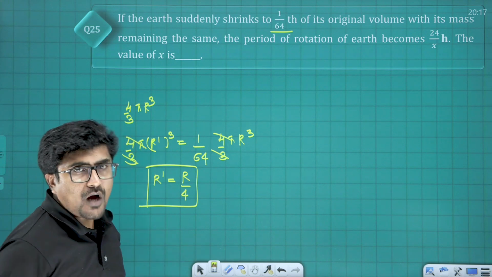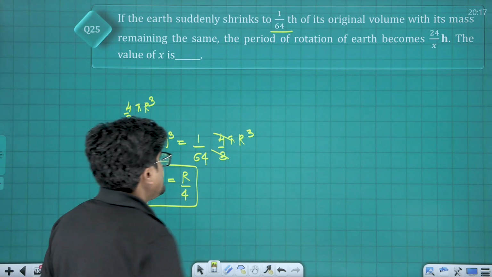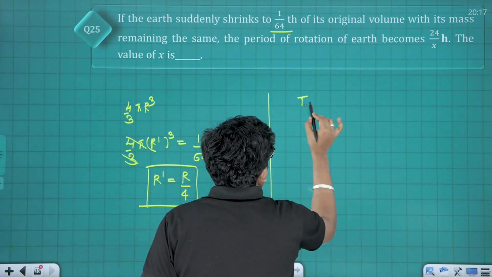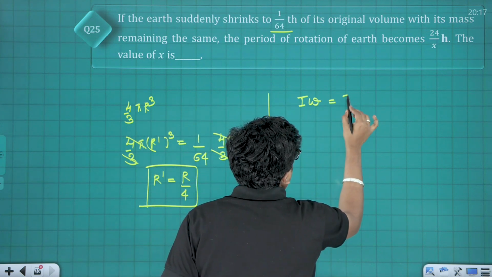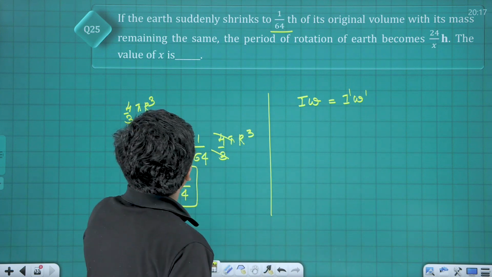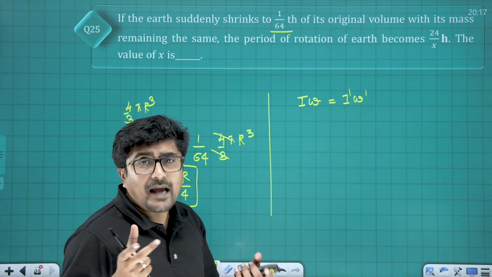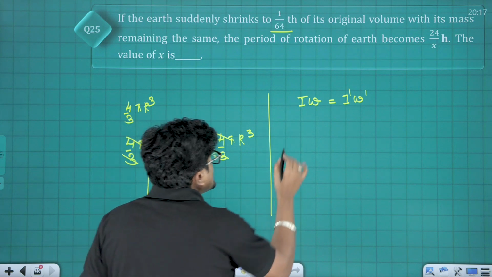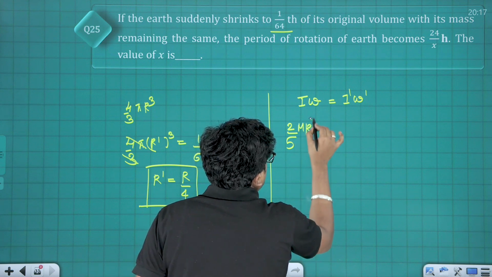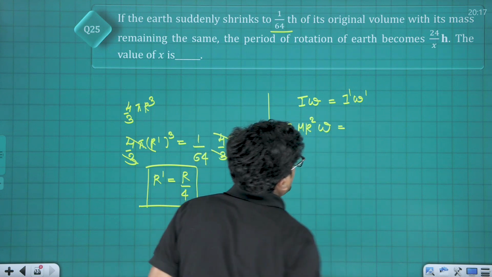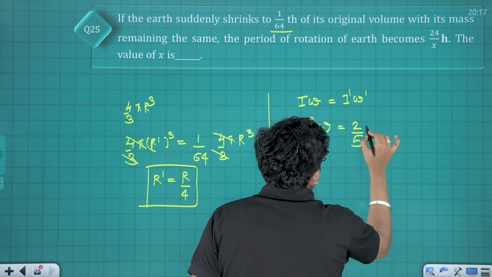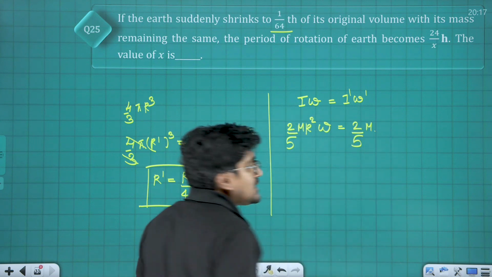So once the radius is reduced to R by 4, obviously omega will change. And as per the law of conservation of angular momentum, I into omega needs to be equal to what? I dash into omega dash. And considering earth as a solid sphere, I is 2 by 5 m r square times omega, which is going to be equal to I dash, 2 by 5 m, the mass is the same.